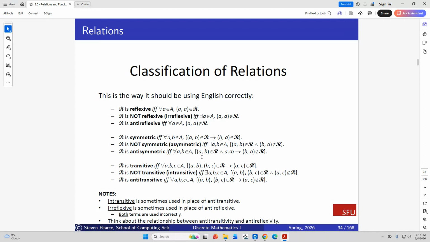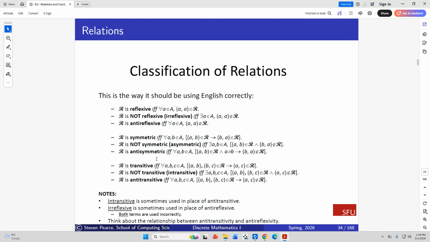Not symmetric means there exists an ordered pair (A, B) in R, and (B, A) is not in R. So it's very much like not reflexive. Most of them can have complementary pairs, but just one may not be there, so that's not symmetric.